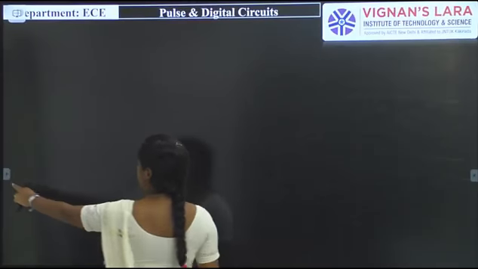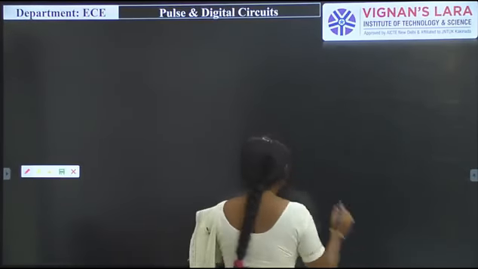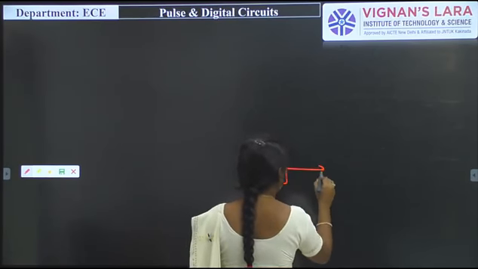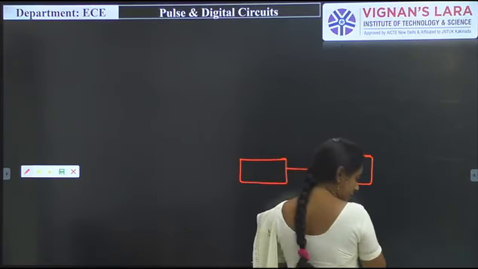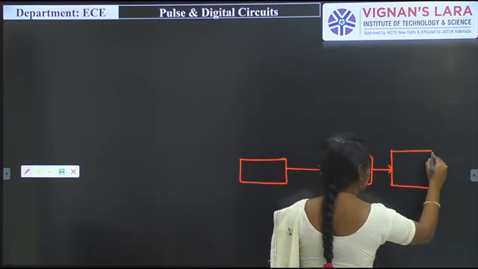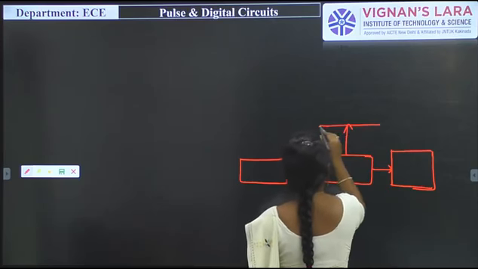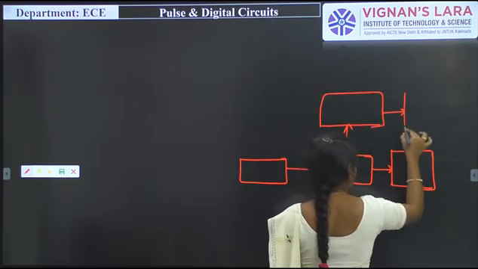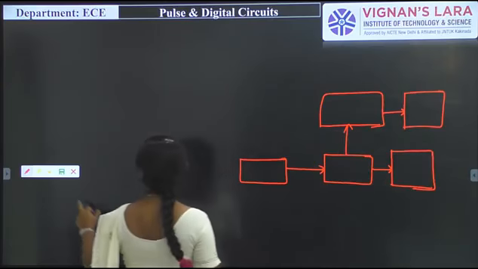The input signal for this sampling scope is given here. At the same time, here I am giving a comparator.